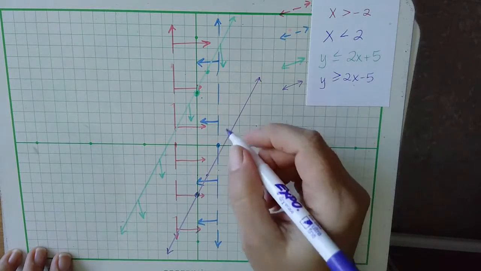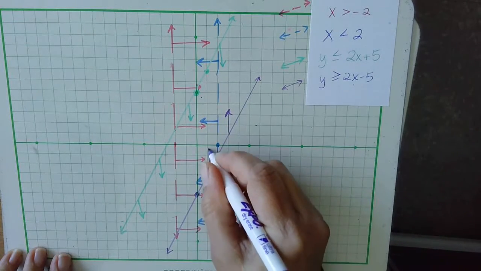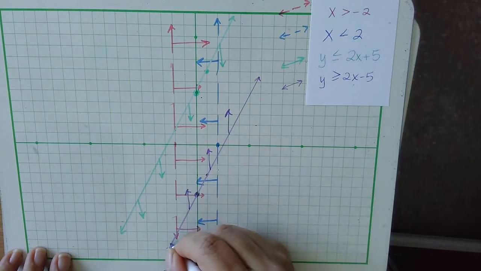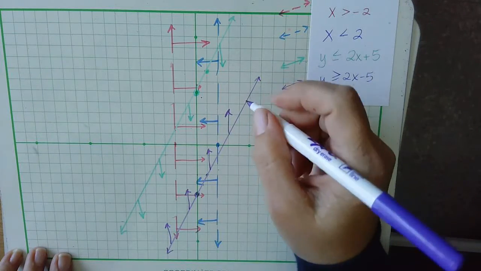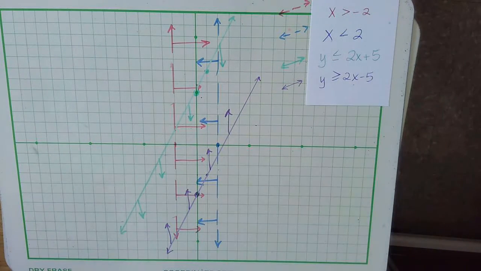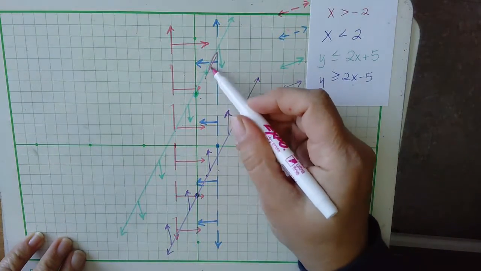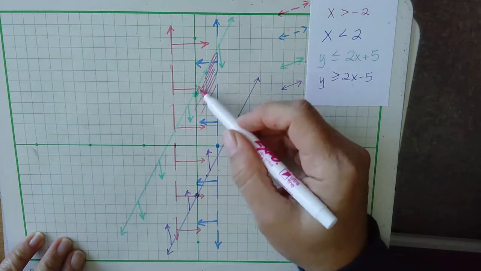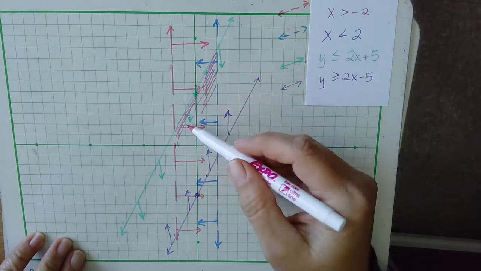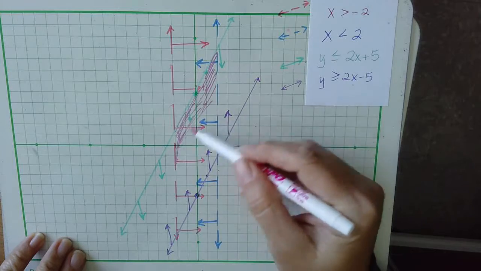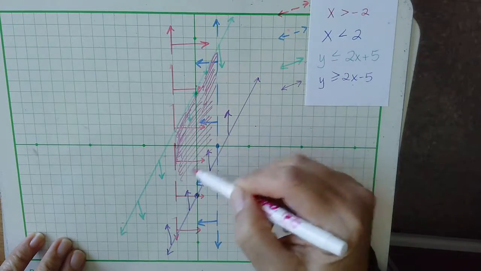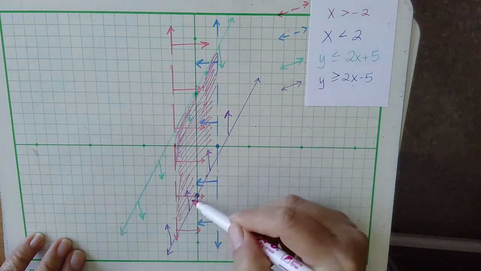My solutions are everything greater. So my solutions are going to be here where all the arrows point. So I'm under the green one, left of the blue one, to the right of the red one, and above this purple.